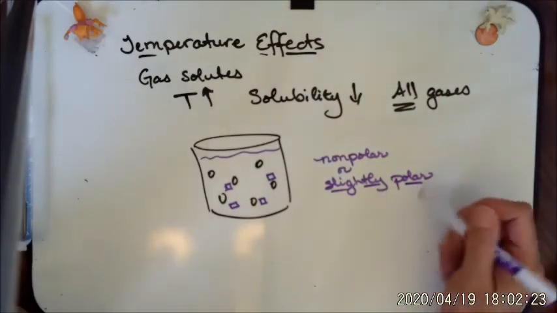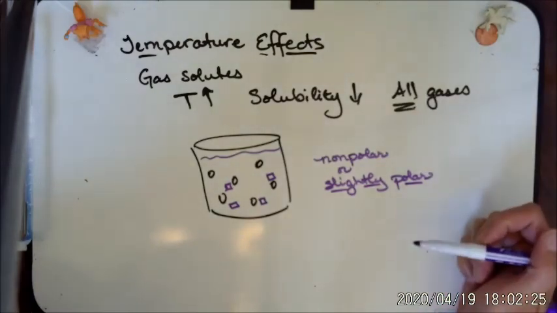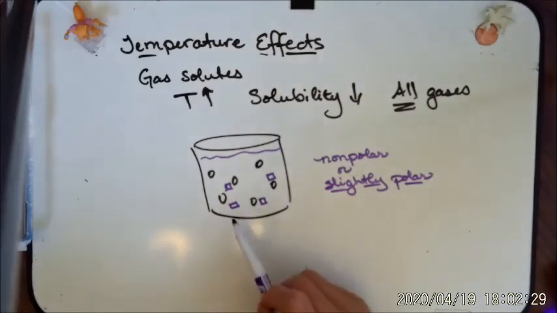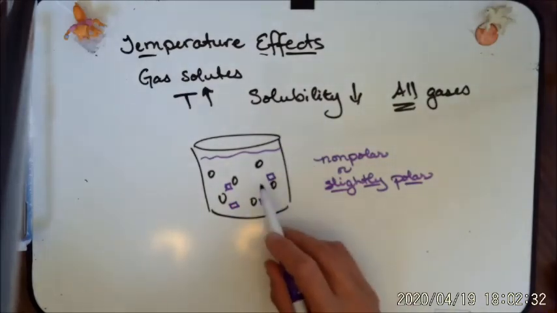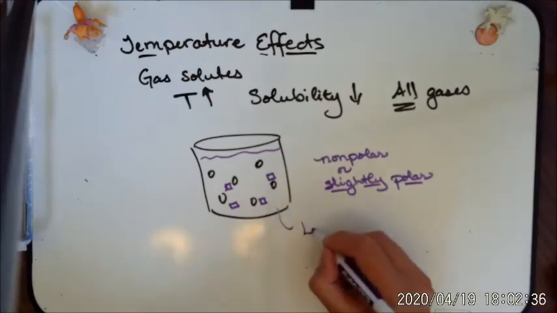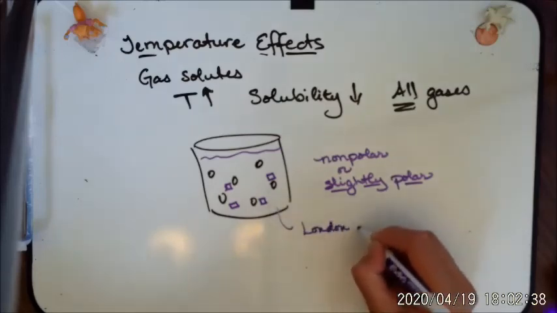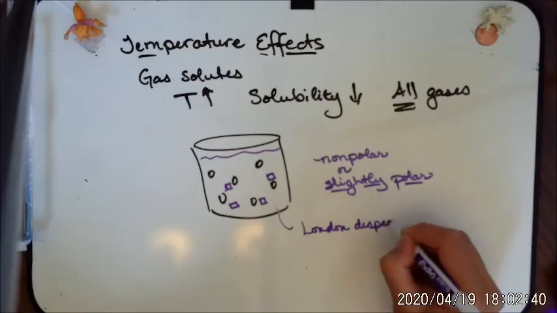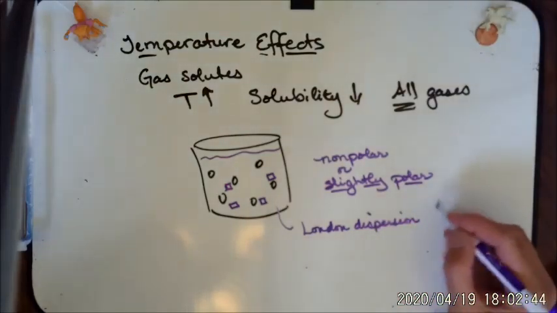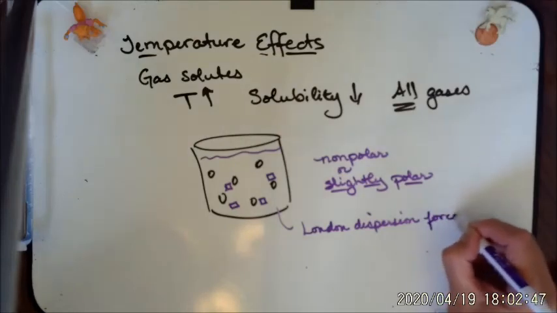Slightly polar like ammonia, right? But when you have it in solution, the thing that's holding your gas in your solvent is going to be your London dispersion forces. And here, some dipole.